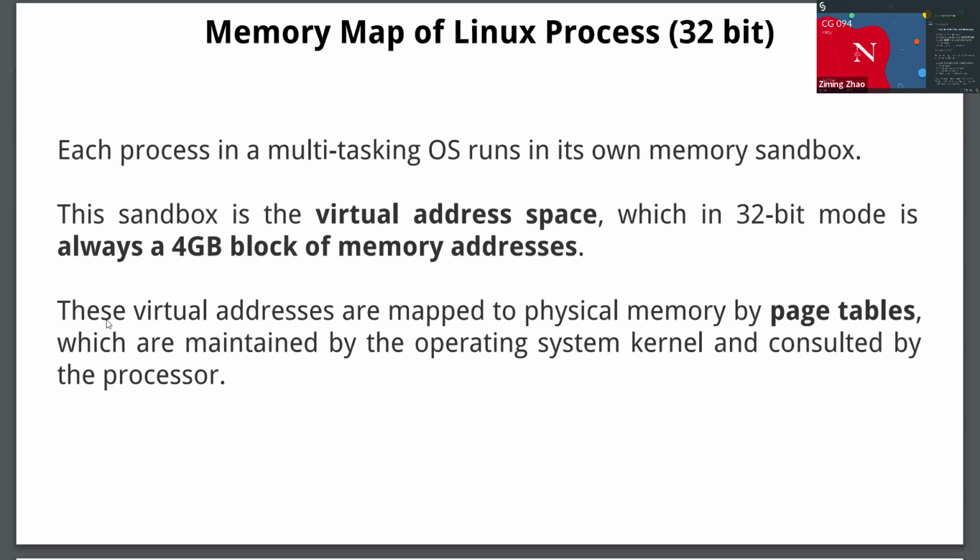And the CPU has a module called the MMU, Memory Management Unit. That is a hardware module in the CPU that does the translation from virtual memory to physical memory. But the translation is through the table, the page table.